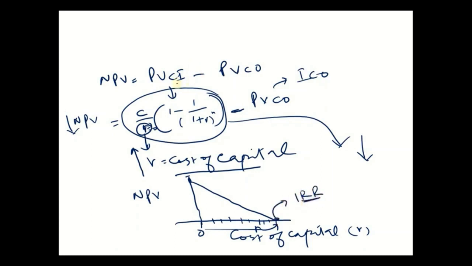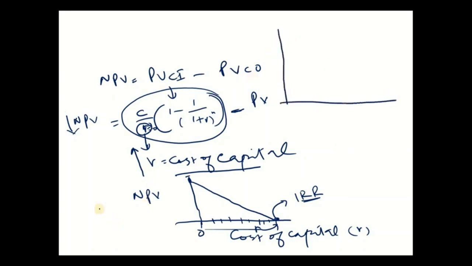Okay, let me draw it again, maybe a cleaner one. Let's say this is NPV, and on the other side we have cost of capital, RC.